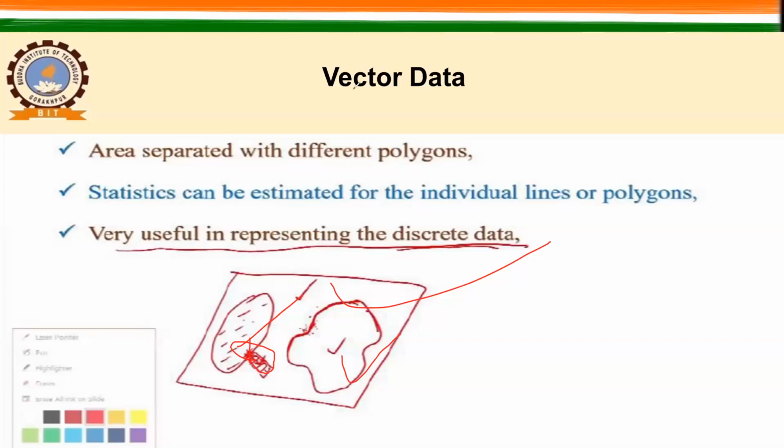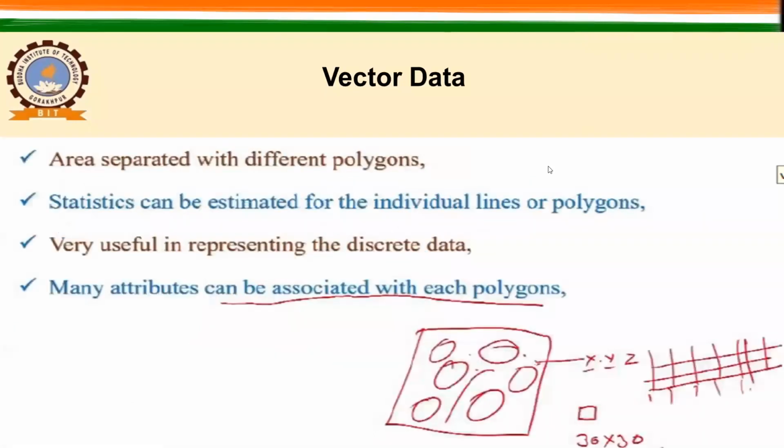Now the next point is, now we'll see the next point. See, next point is in the vector data, many attributes can be associated with each polygon. So suppose if this is your map, here it is your map. So these are the polygon or lines or points. So for each point, you will have X, Y, right?